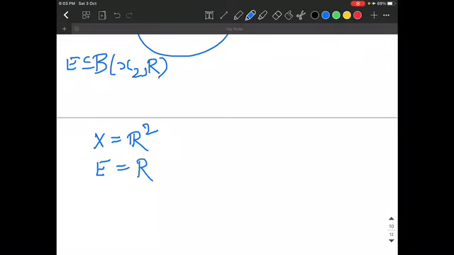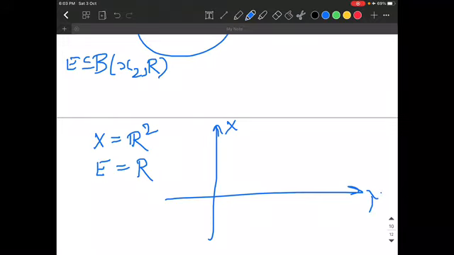This is x, this is y, and here this real line is our set E, right?